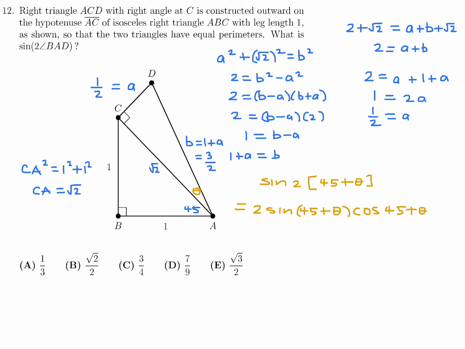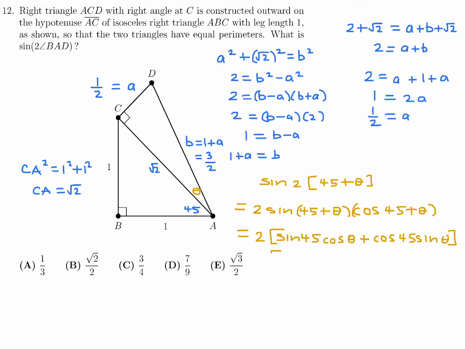All right, now we've got to expand this. So 2 times sine 45 plus theta. That is going to be the sine of 45 times the cos of theta plus the cos of 45 times the sine of theta.